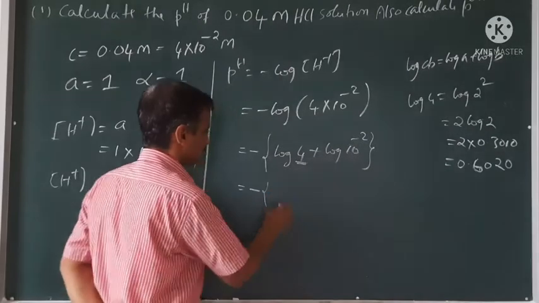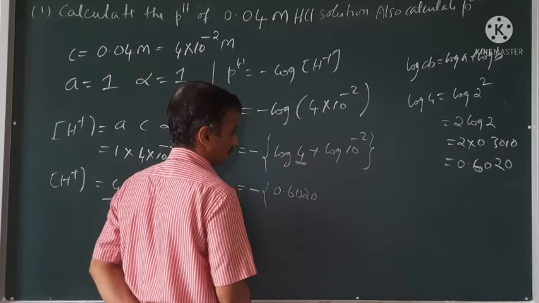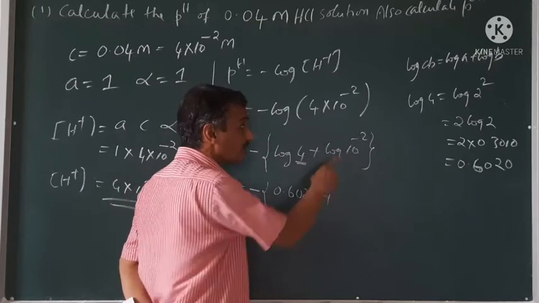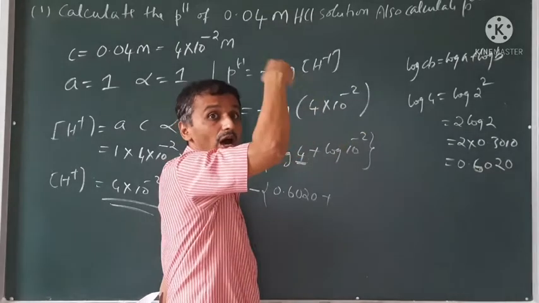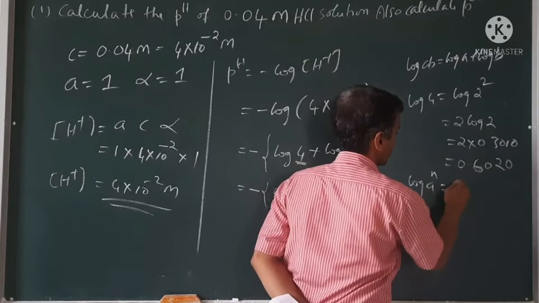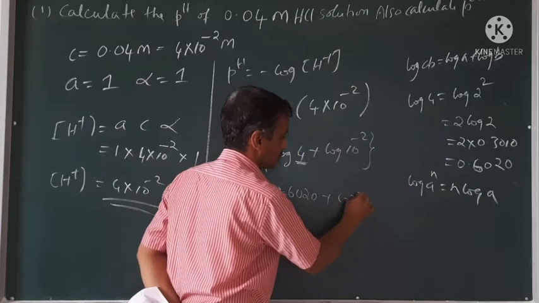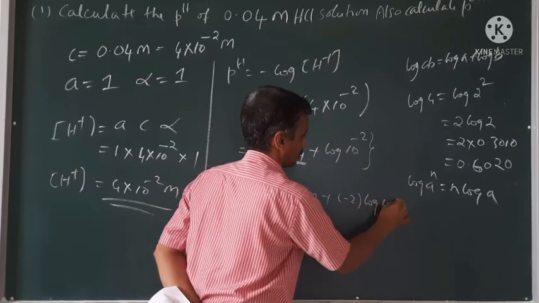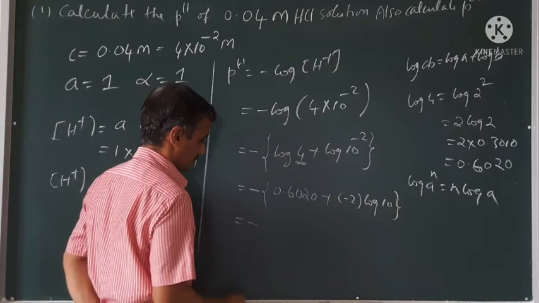So it is 0.6020 plus log 10 to the power minus 2. It is in the log A to the power n formula. Log A to the power n is n log A. Use that: minus 2 log 10 is equal to minus.